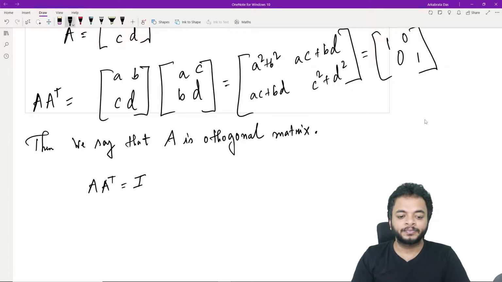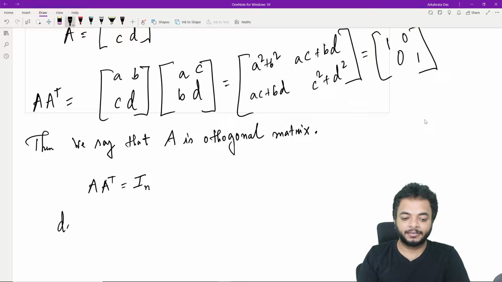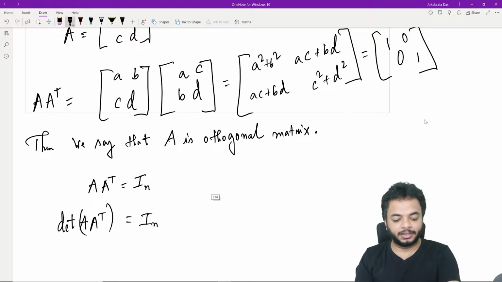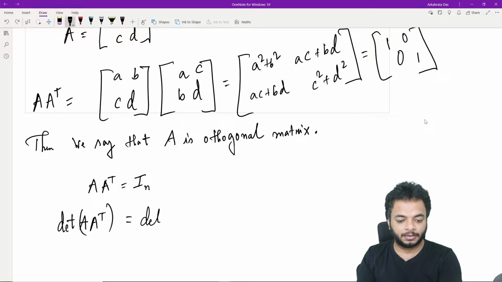Suppose it's the n by n identity. That's why I'm writing n. Then if I use the determinant function on both sides, I get the determinant of A times A transpose equals the determinant of the identity, which equals 1.